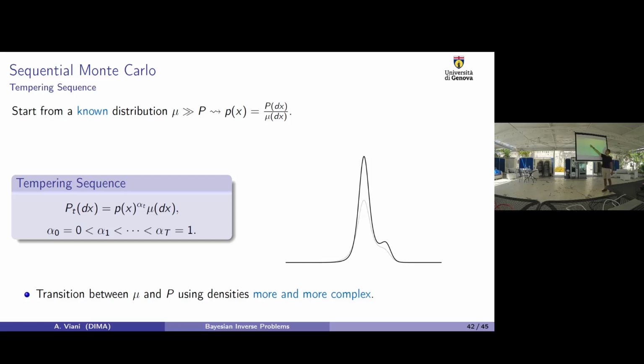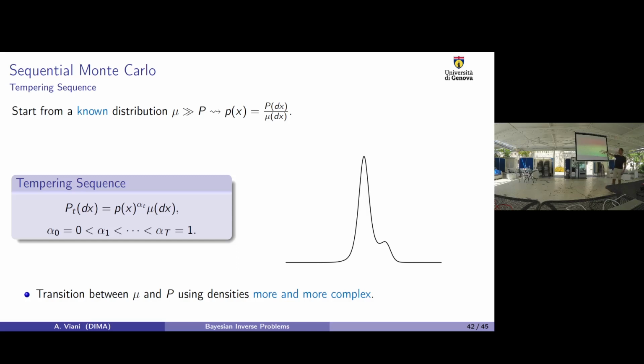We start from a distribution that dominates our target distribution, and we use the Radon-Nikodym derivative as a weight. So we start from mu, that is the initial distribution, a single one. Then we give more and more weight to the density, to the Radon-Nikodym derivative, and we get the target distribution.